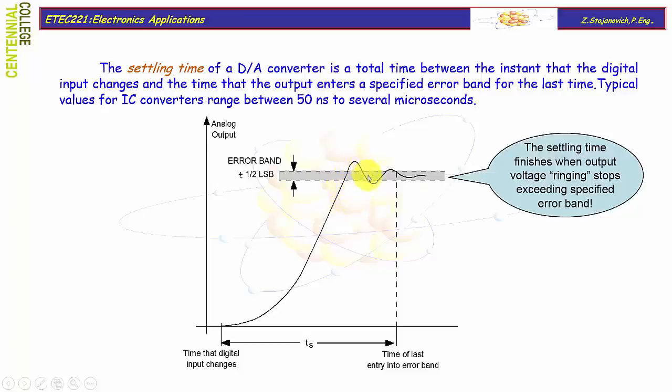Typically there will be some overshoots and undershoots, but once this output voltage enters the error band, which is defined as plus or minus half of the least significant bit, so this shaded area is one increment value, and gets into it and doesn't go out anymore, with no ringing outside of that error band, we assume that settling time has been completed. This settling time is actually one of the most critical specifications when it comes to how fast a converter can create output voltage.